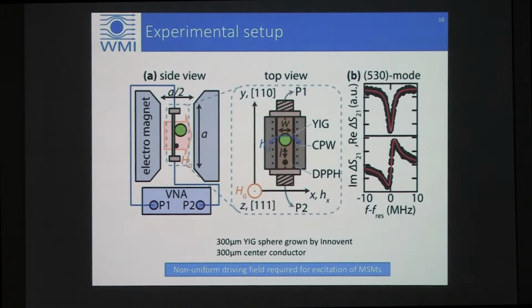Then you can do spectroscopy, at fixed magnetic field as a function of frequency, for different modes. This is just an example of how it looks. I can fit the data.